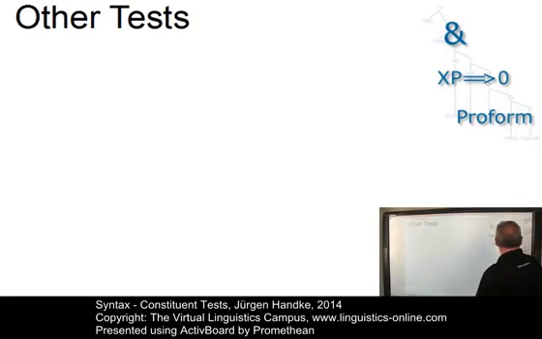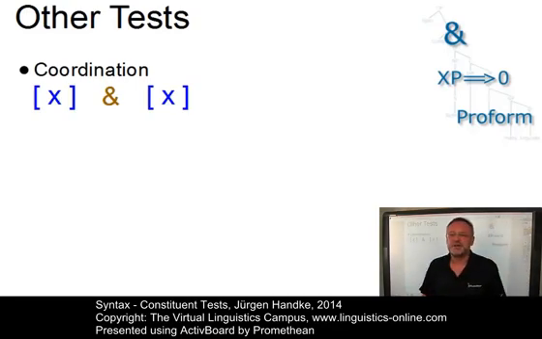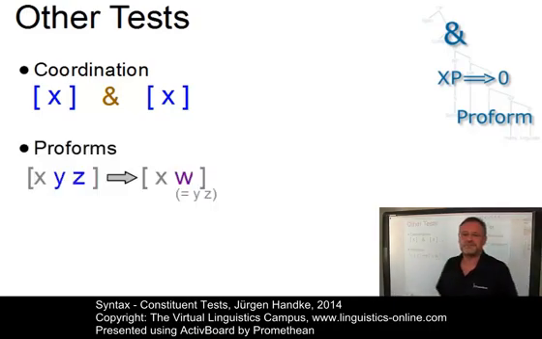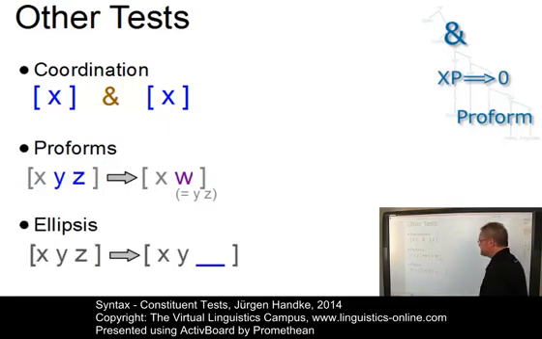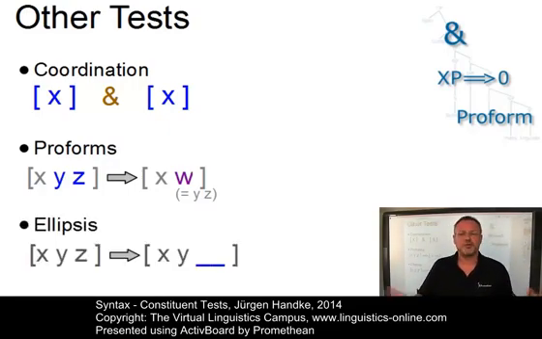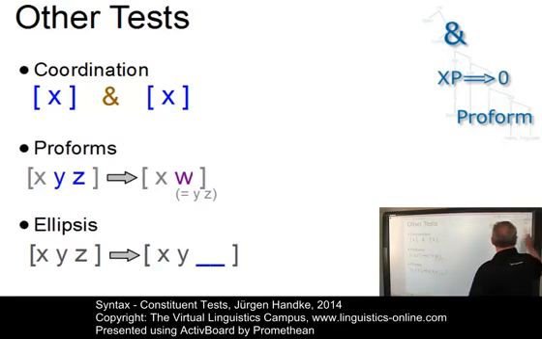For example, the coordination test, which tests constituent identity, or the proform test that tests on the basis of a replacement test that replaces constituents by appropriate proforms, or the ellipsis test, which tests the possibility of dropping or omitting constituents. Let us look at coordination first.